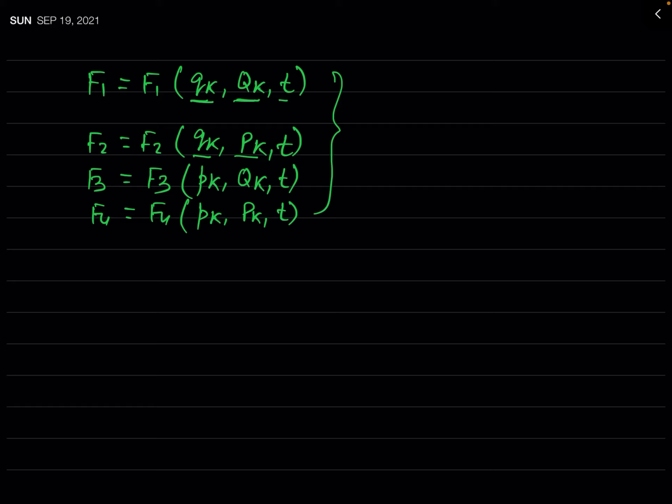In fact, this function f, which has actually these 4 forms, is known as the generating function for the canonical transformation. So f is known as generating function.